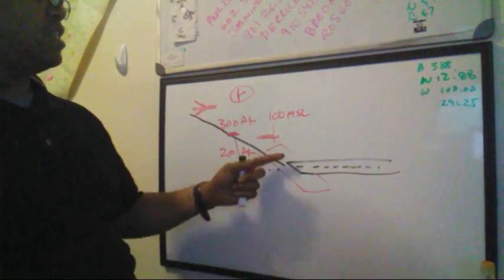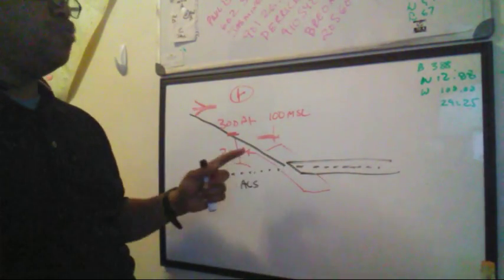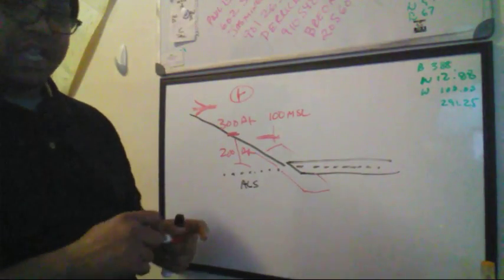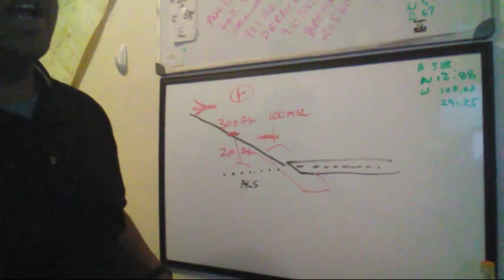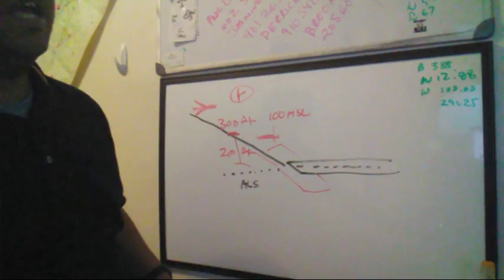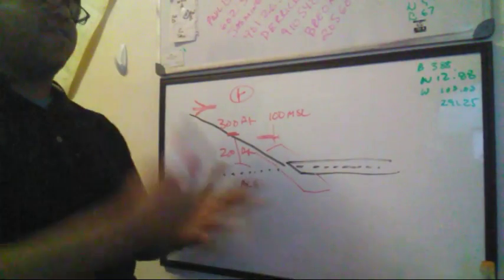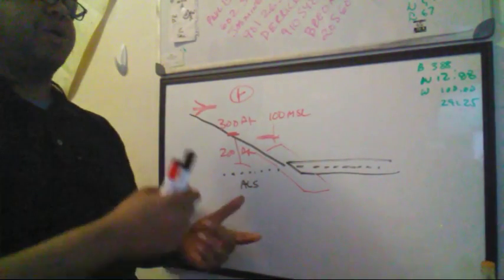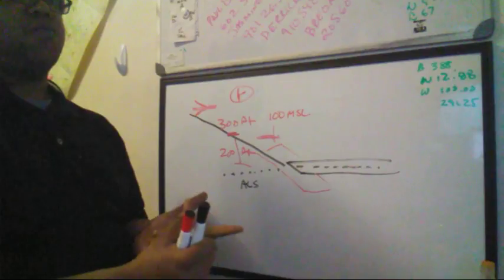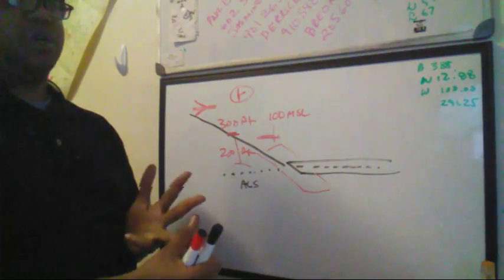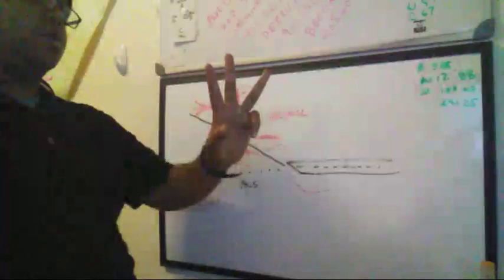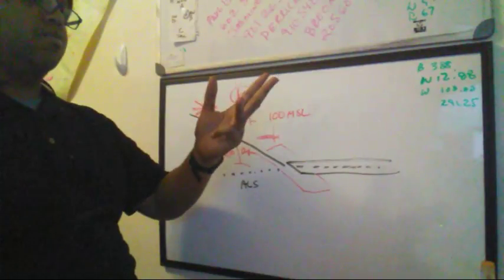Now, if at this point you do not see, I used to have a memory aid. I would always say threshold lights. So it would be threshold, runway, and touchdown zone.